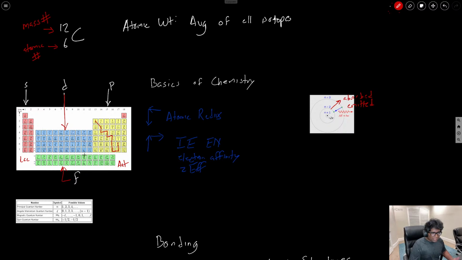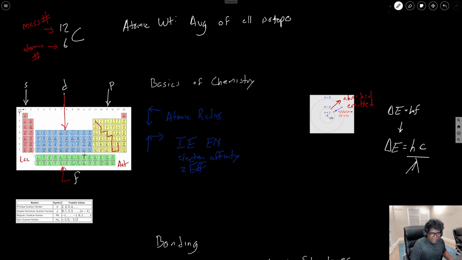Delta E equals hv. That's Planck right there. It's a pretty easy equation for you guys to memorize. Oh, sorry, I'm thinking about a different concept.